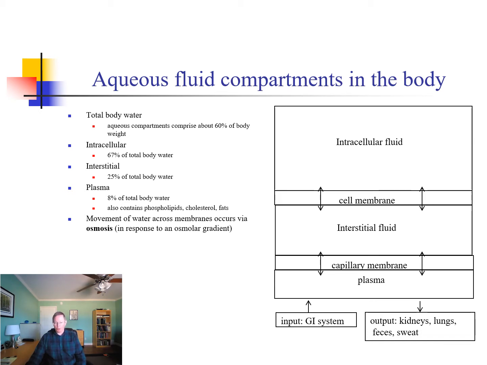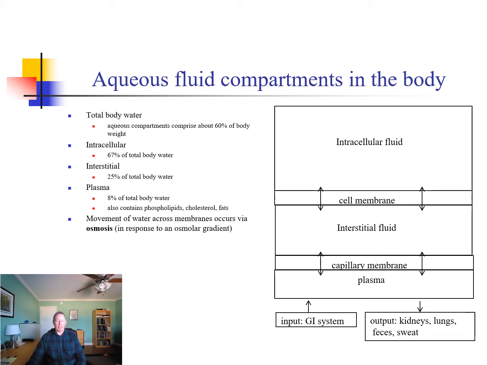About 2/3 of this will be inside the cells at any one time. That is an intracellular component. And about 1/3 will lie outside the cells. Now, outside the cells is comprised of two different areas. The interstitium between the blood vessels and the cells is comprising about 25% of your total body water.